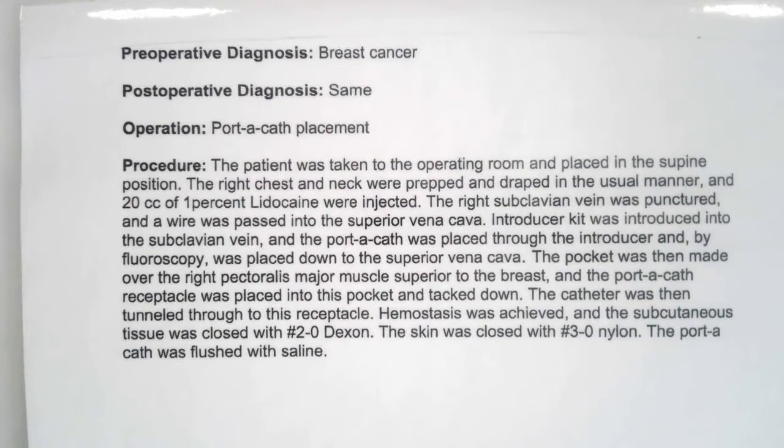And as you know, right above the right side of the heart, that's where your superior vena cava is. This Portacap could stay in for weeks or even months. And so a needle is inserted through the skin into the port, and that's how the clinicians are able to draw blood or give fluids.